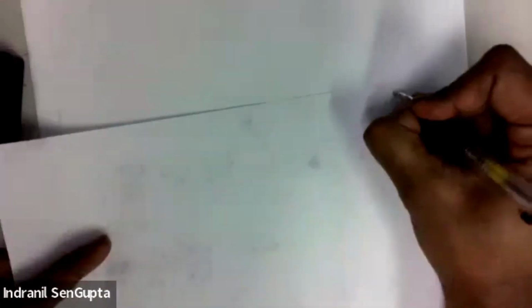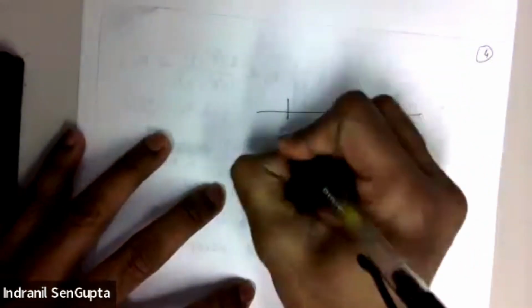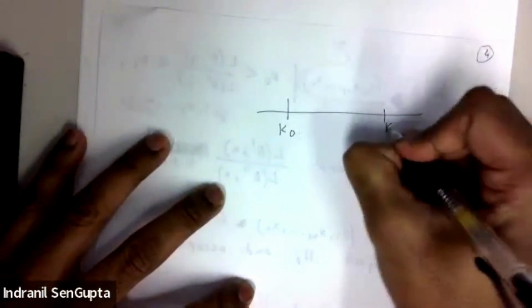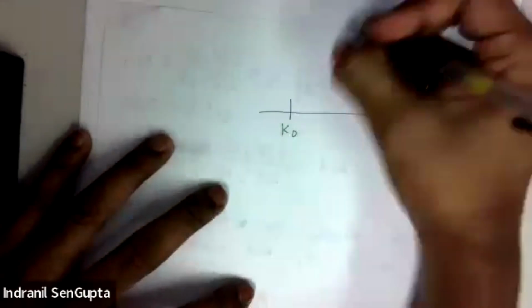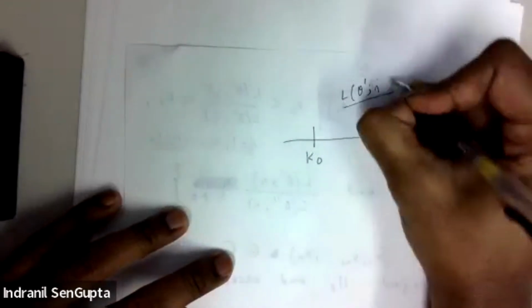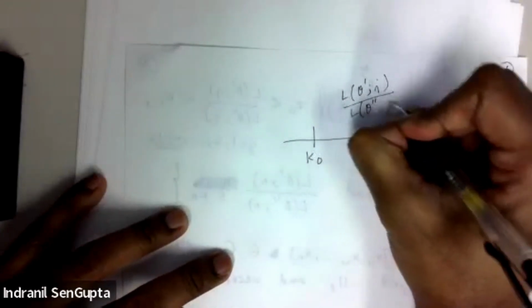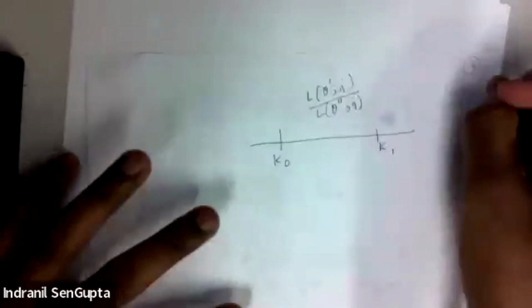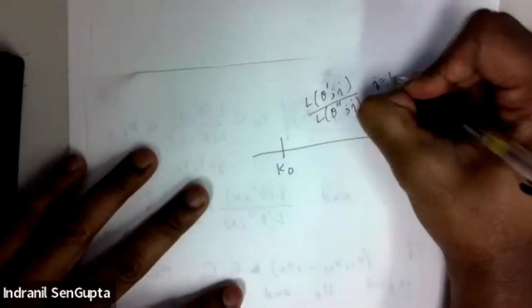So here is a brief schematic diagram. Here is my K0 and here is my K1, and you compute all those quantities. Basically you compute L of theta prime over L of theta double prime with some J, and you let this J run.